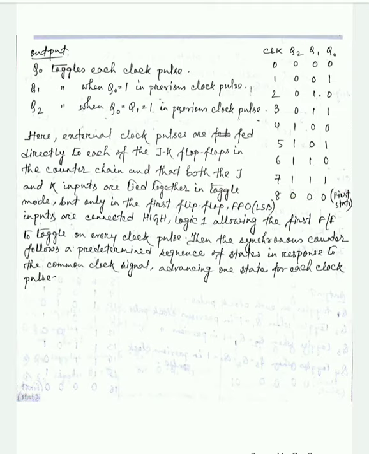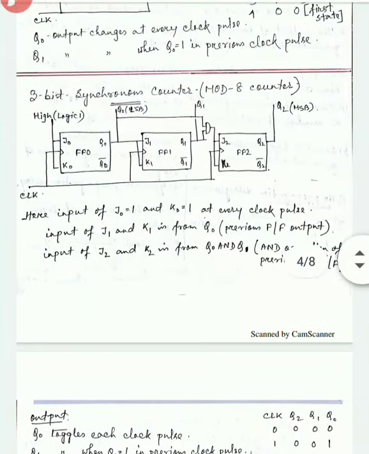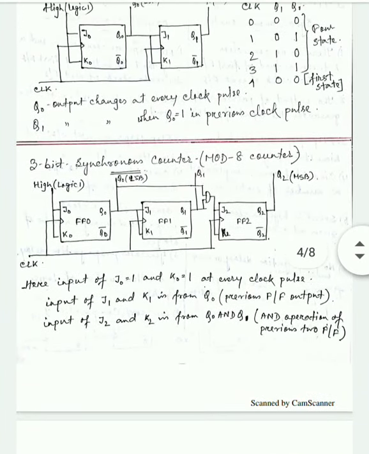So that is the functioning of the 3-bit synchronous counter. As the 3-bit synchronous counter gives 8 states, we can also say that this is a mod 8 counter.